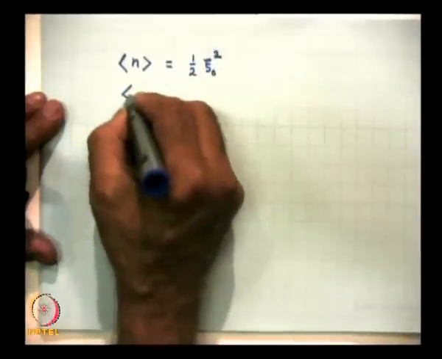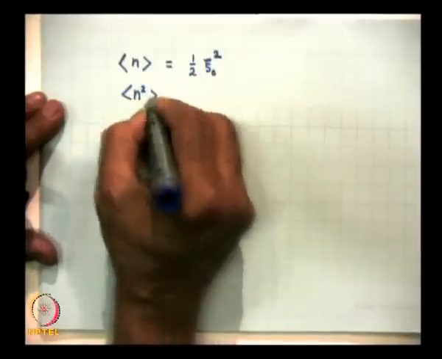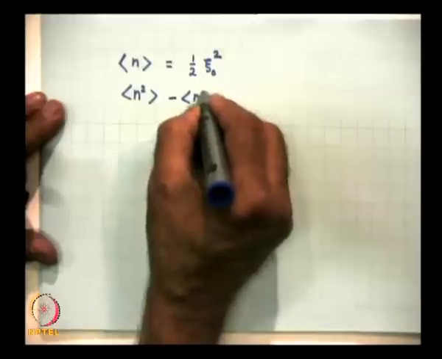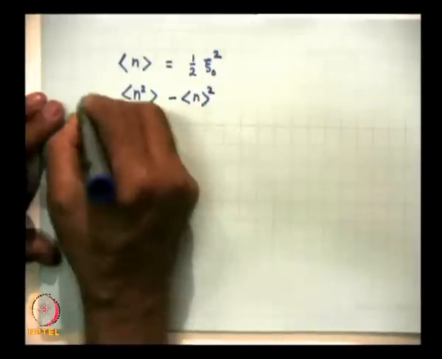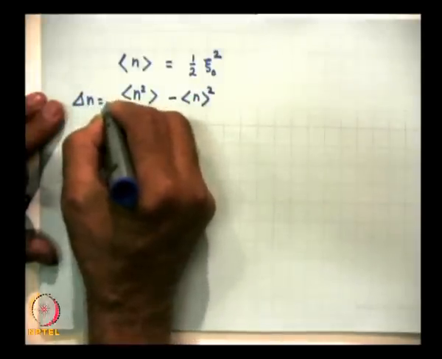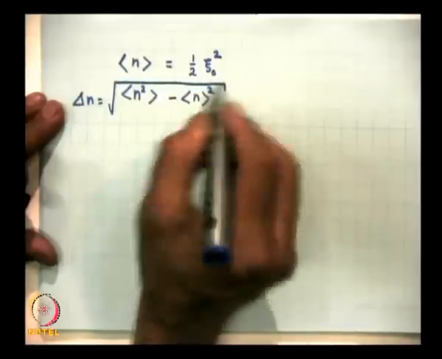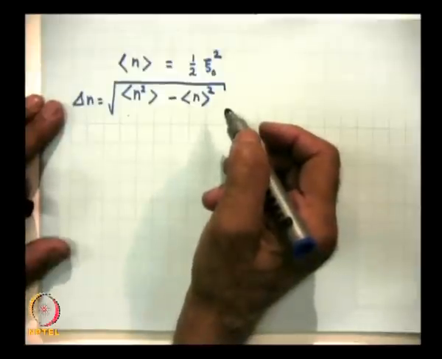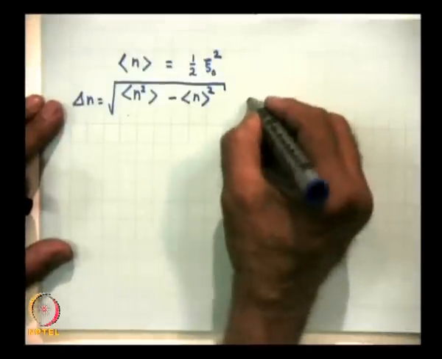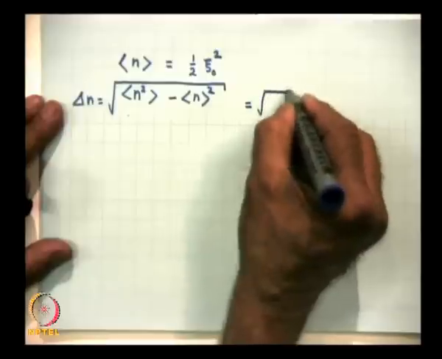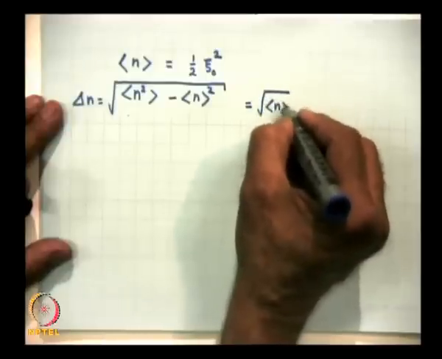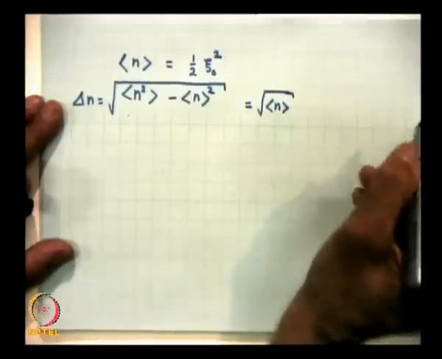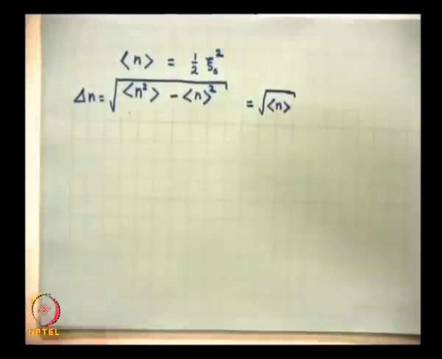Then let us suppose the spread in the value of n, that is delta n. I leave it as an exercise for you to calculate the expectation value of n square, and you will find that delta n will be the square root of n, that is xi 0 divided by under root of 2.